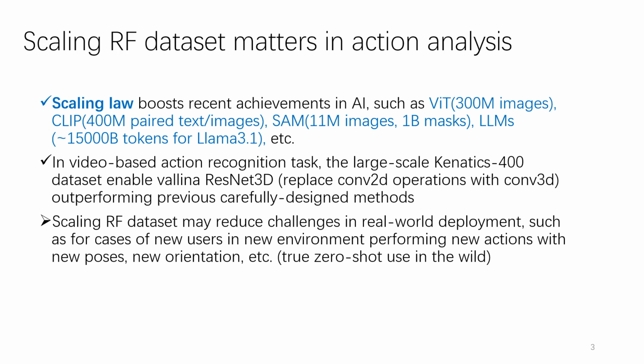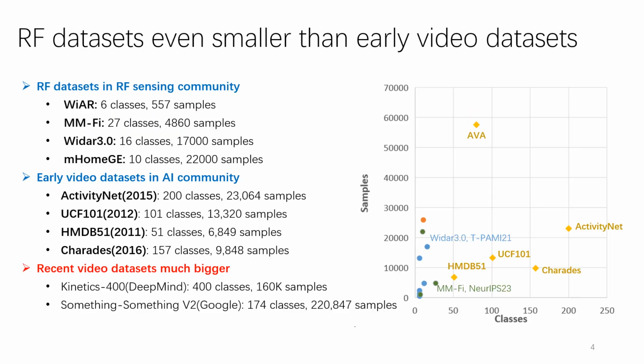scenarios without additional training. In the RF sensing community, datasets like YAR, IMWUT, WITER3 are much smaller. In contrast, early video datasets in the AI community, such as UCF101 and HMDB51, already featured hundreds of classes and tens of thousands of samples.